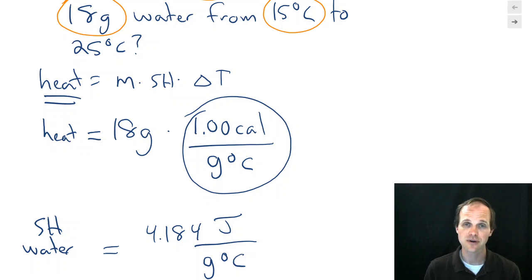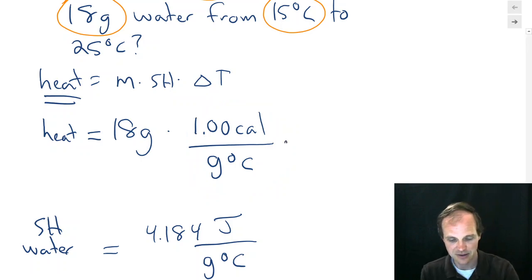I need you to know those and have those available to you when you are solving problems, because I'm not going to tell you. So if you've got a problem that's got water in it, you should know its density as 1.00 grams per milliliter, and you should know that its specific heat is 4.184 joules per gram degree Celsius or 1.00 calories per gram degree Celsius.